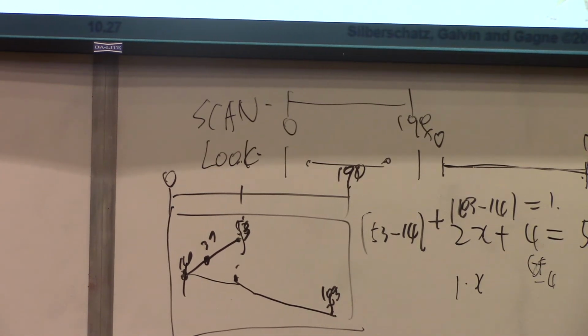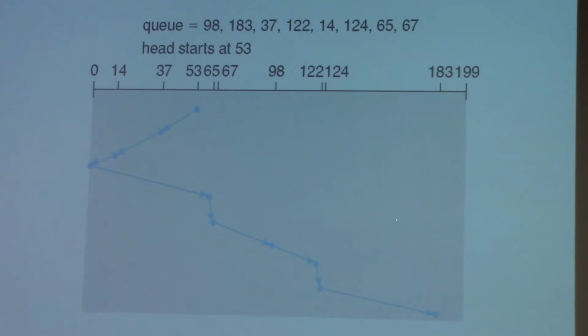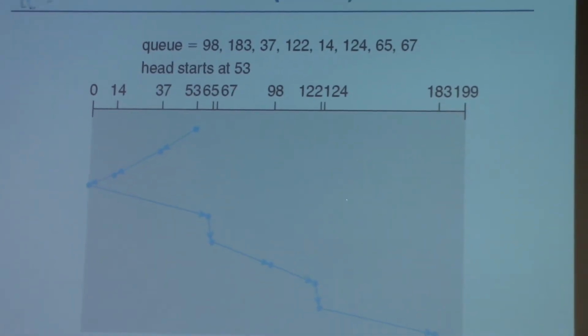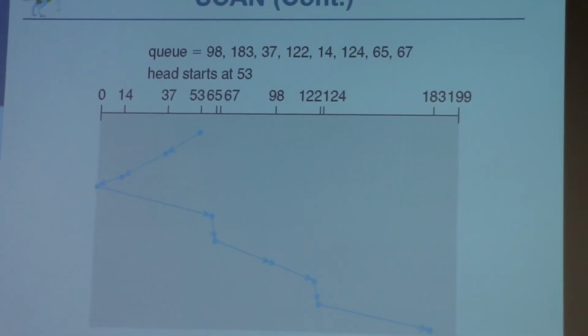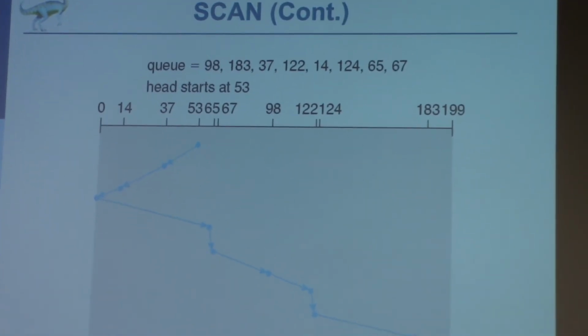Then another problem of scan and LOOK is which one has the higher chance to be accessed, the middle or the sides. So this head is moving this way. I realized this when I play tennis, sometimes with 3, sometimes 4 players.